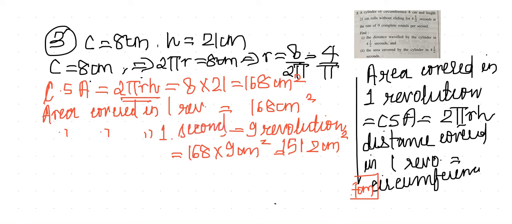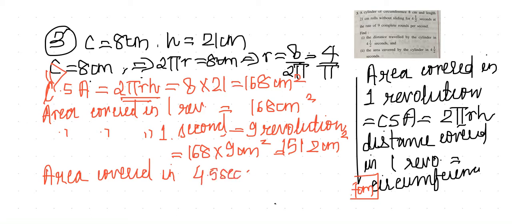And then you have to find out, this is our sub question 2, the area covered in 4.5 seconds. So write down area covered in 4.5 seconds is equal to 9 upon 2 into 1512 centimeter square. So this goes how many times, children?